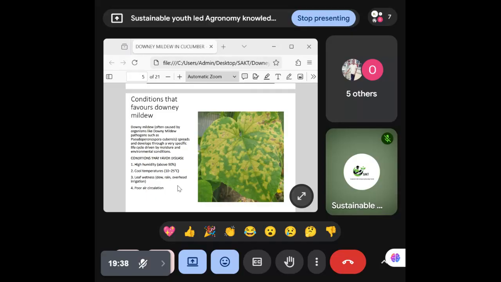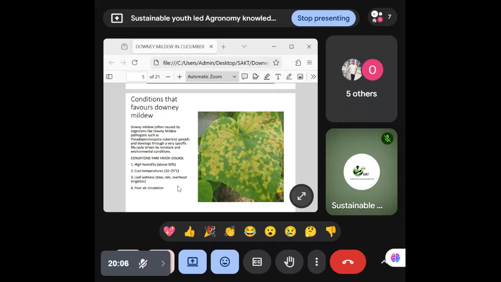So the first thing you need to do as a farmer is to know how to combat wetness on your leaf. Some practical things we can do: don't give your plants water later than 4 p.m. in the evening, because at that time your temperature is already going down, so transpiration is very, very low.